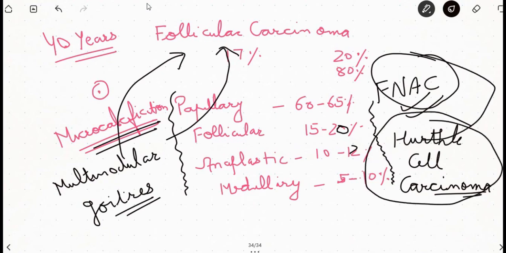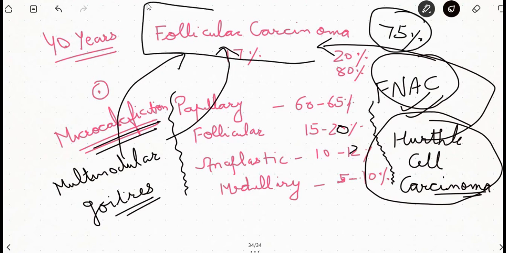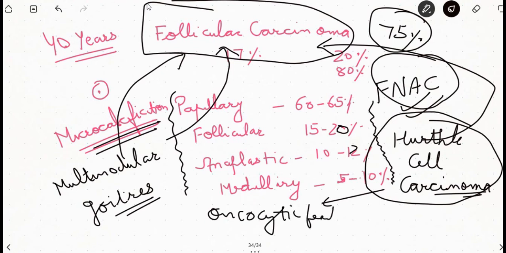So these tumors are defined by presence of more than 75% of the follicular cells having oncocytic features. They secrete thyroglobulin. The treatment is total thyroidectomy.